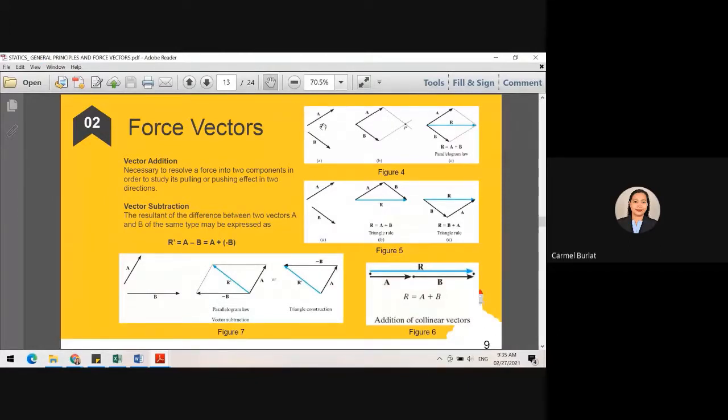This one, for more clarity. You have your vector A going in this direction, and you have your vector B going in this direction.